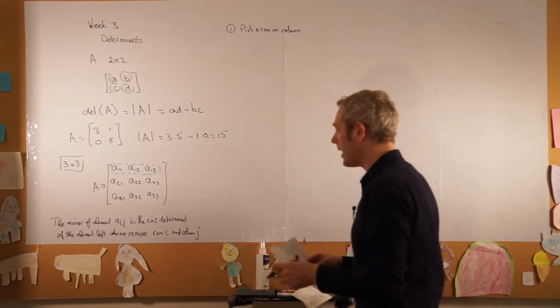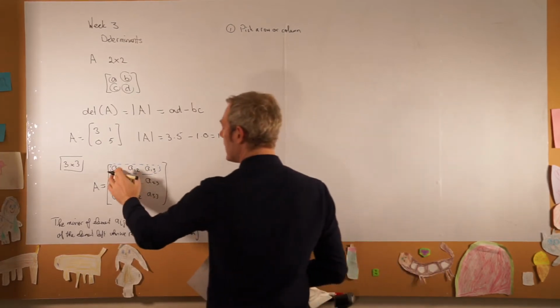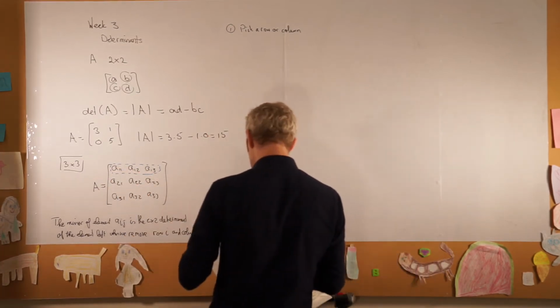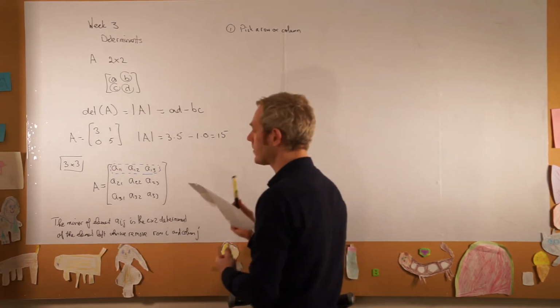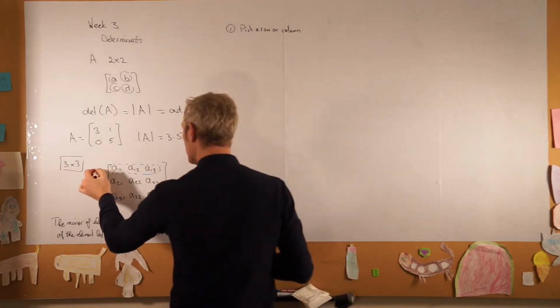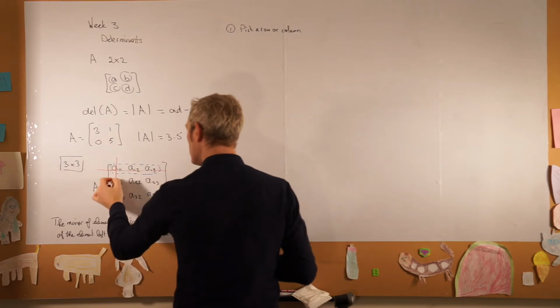So the minor of A11 will be, well, let's remove the first row and the first column, and we are left with these 4 elements.